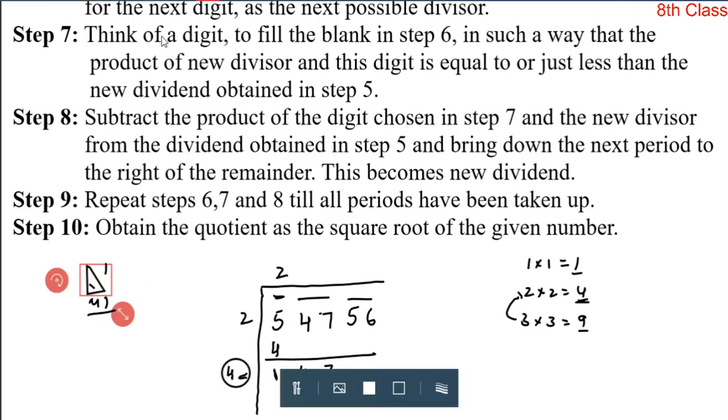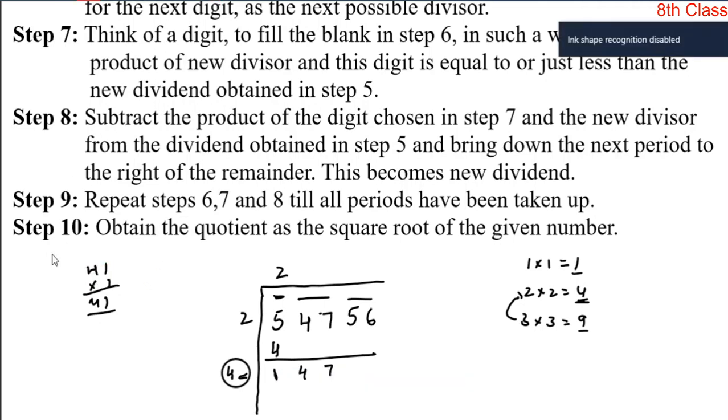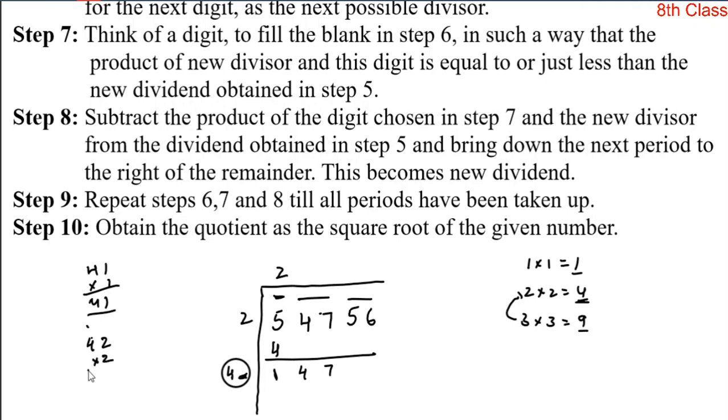It's very less. Let's take 2. In this blank place, if you take 2, the number forming is 42, and multiply that number by the same digit. 42 into 2 is equal to 84. It's still less.